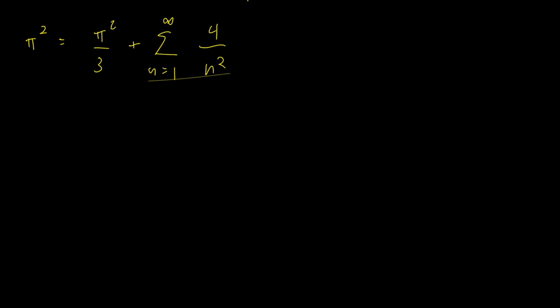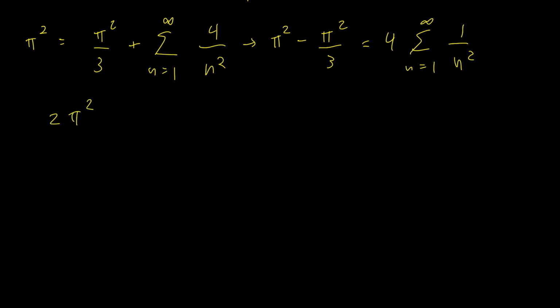Now all that's left to do is solve for our sum. So we have pi squared minus pi squared over 3 equals 4 times the sum from 1 to infinity, 1 over n squared. This will end up simplifying into 2 pi squared over 3 equals 4 times the sum from 1 to infinity of 1 over n squared.